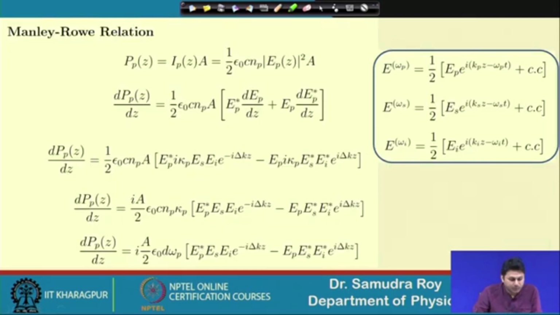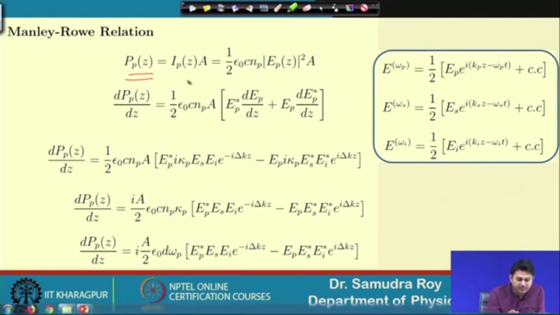Today we will try to find out the Manley-Rowe equation, which gives us the conservation of energy, or the conservation of photon numbers. Here we will find one important thing.